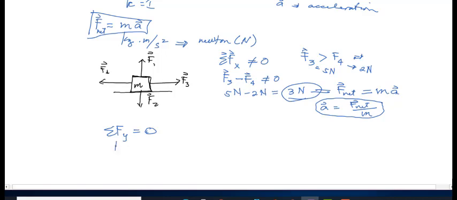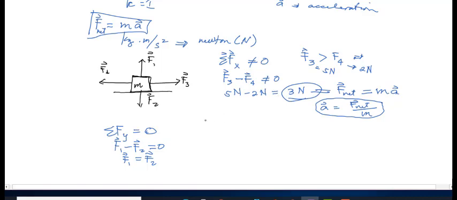So F1, again the same with our sample in the first law, F1 minus F2 is just 0, or F1 equals F2, meaning the two forces along the vertical balance each other.